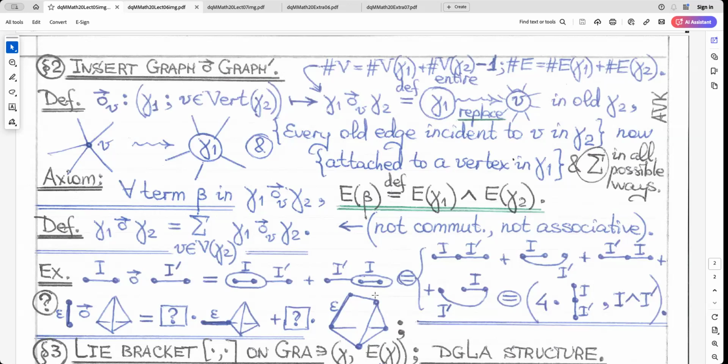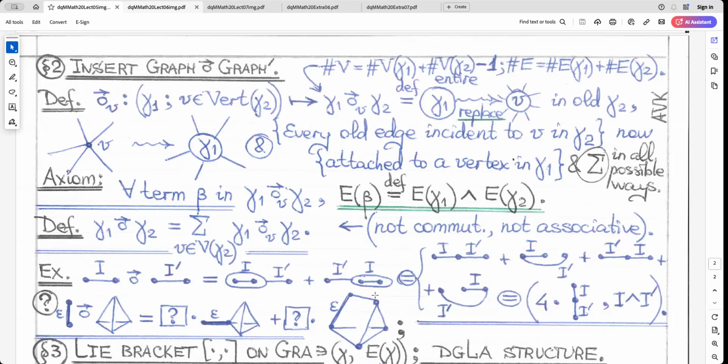And in the resulting graph, whatever edges were incident to this vertex, we somehow let them attach to the ends, to the vertices of the inserted stick.